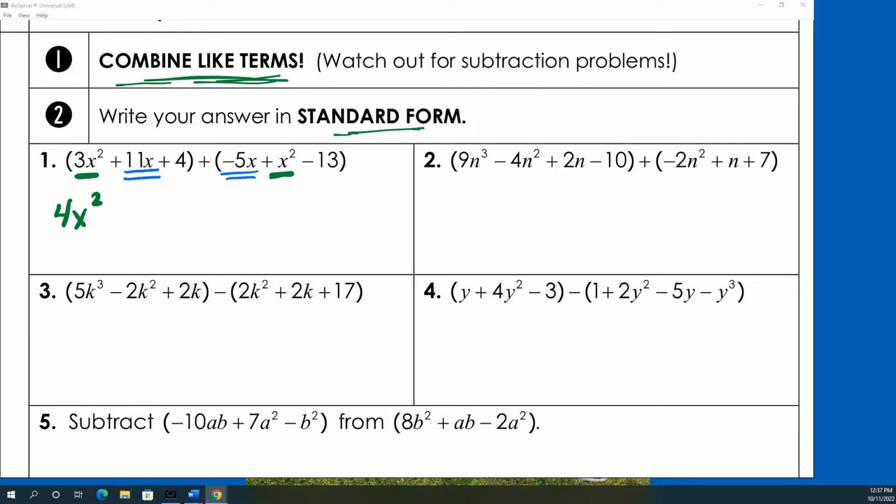So 11x minus 5x is going to be 6x. And then the last thing I'll underline 3 times is my constants. So 4 minus 13 is going to be negative 9. So that's the answer.